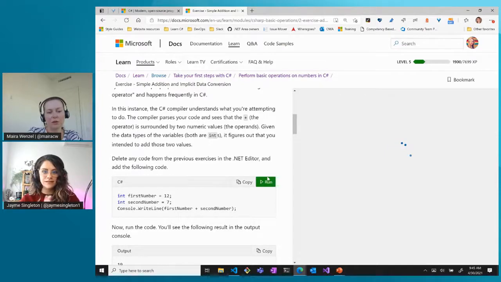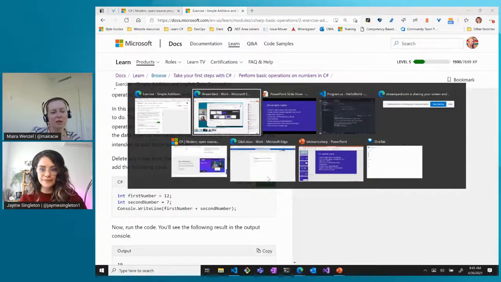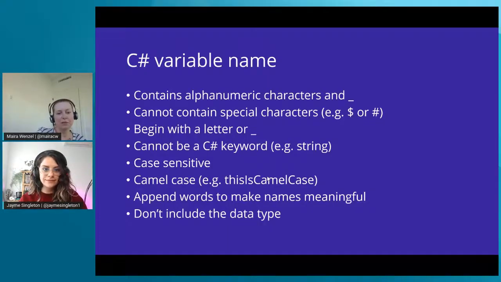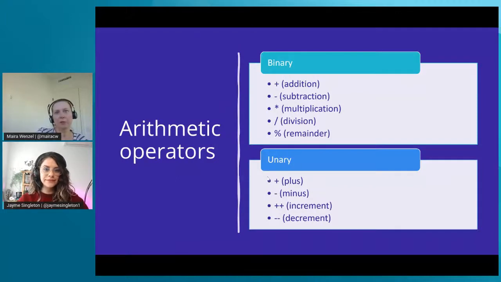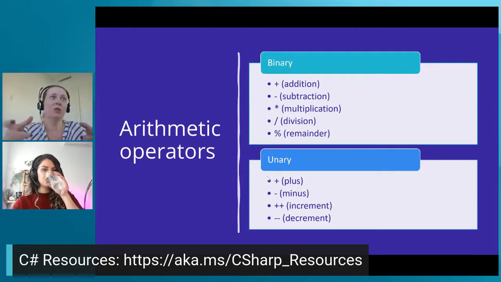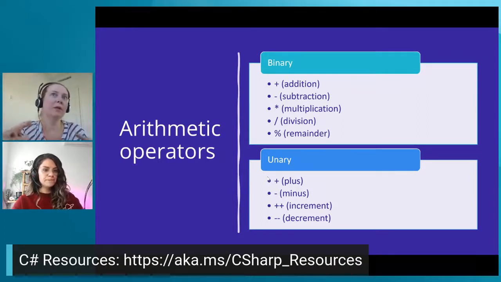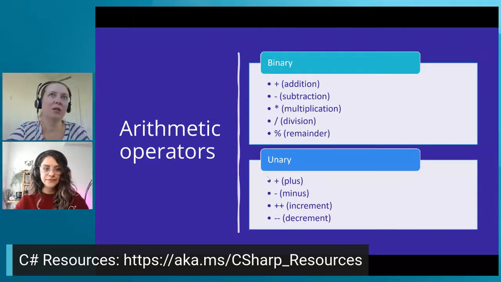I'm going to go to my slides here so we can take a look at some of the operators you can use in C#. You have the binary operators, so operators that you need two elements to work with: addition, subtraction, multiplication.